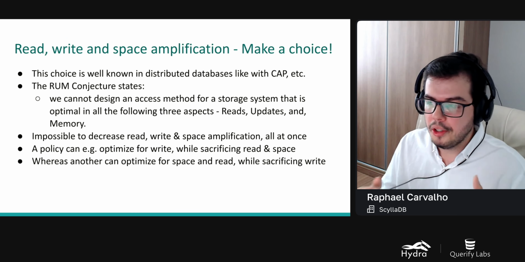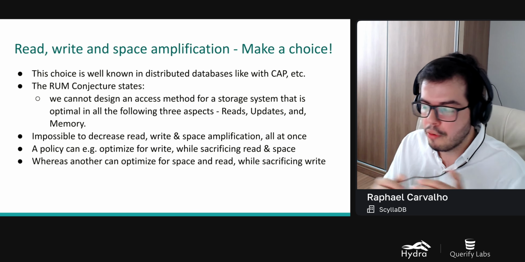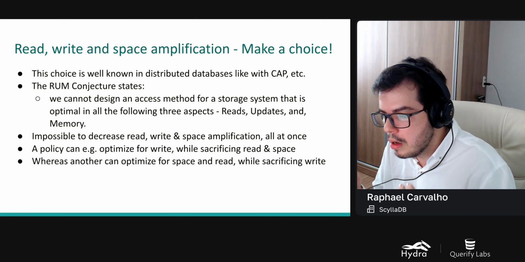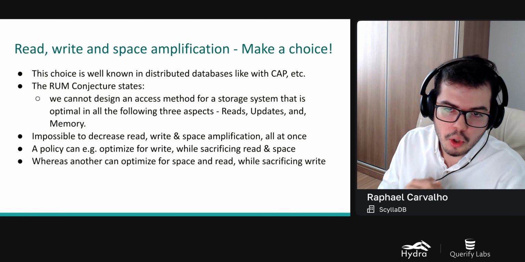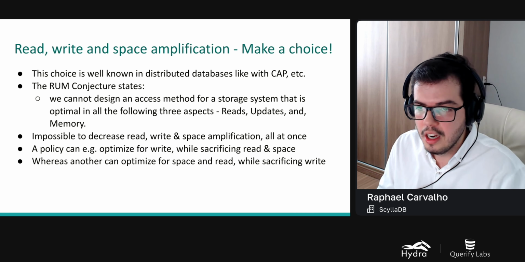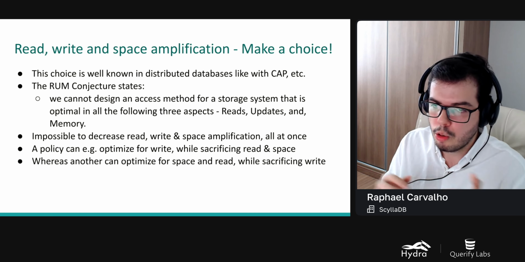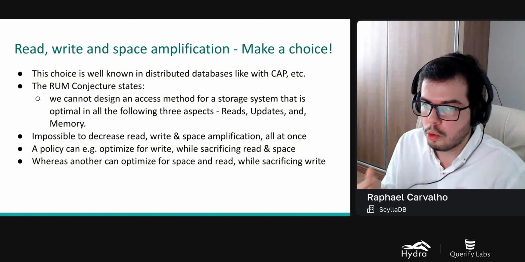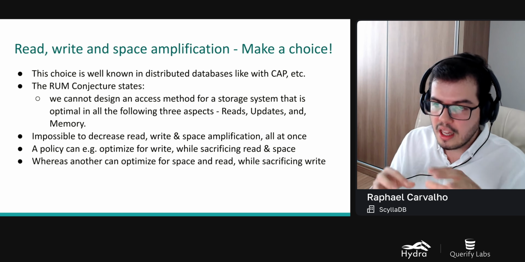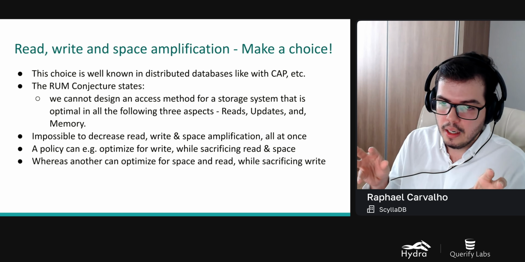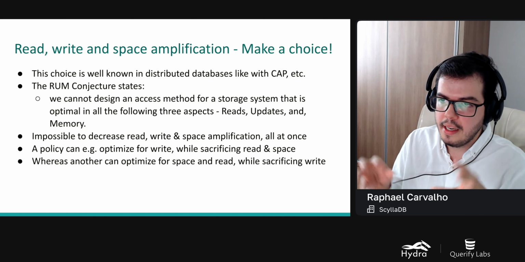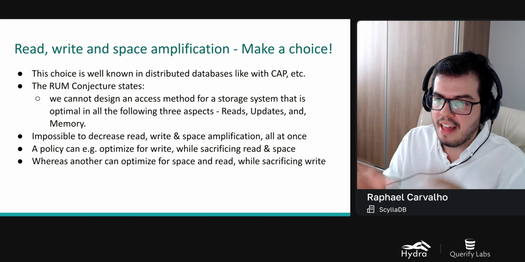So I think it's very important when we talk about amplification factors in the compaction world, we wanted to talk about the RUM conjecture, because to understand the trade-offs between the compaction strategies, we needed to understand what the RUM conjecture is. It's like the CAP theorem for distributed databases that says a database can't be good at everything.